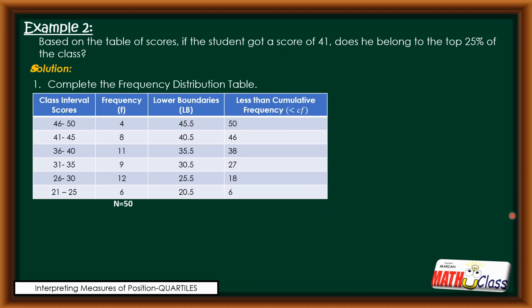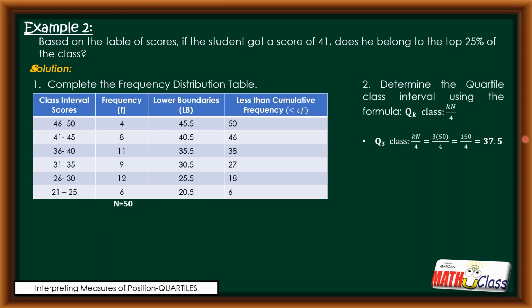Next is to determine the quartile class interval using the formula. Remember that our K is the nth quartile and N is the total frequency. Since we are looking for the third quartile or Q3, then the value of our K is 3 and N is 50. Let us substitute the value of K and N to the formula. By doing the operation, we were able to arrive with an answer of 37.5.